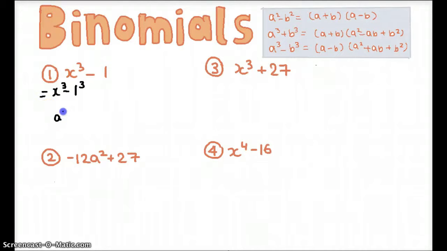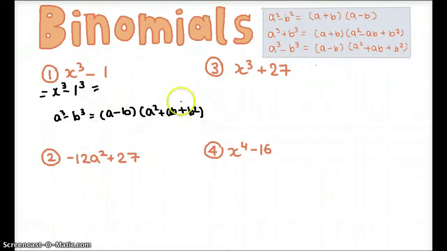And so here we have a to the power of 3 minus b to the power of 3 equals a minus b, a squared plus ab plus b squared. So we're just going to follow this exact same formula, but plug in x for a and 1 for b. So you get x minus 1, x squared plus x plus 1. So we're just going to basically plug the values in here for this equation right here. So our answer is this.